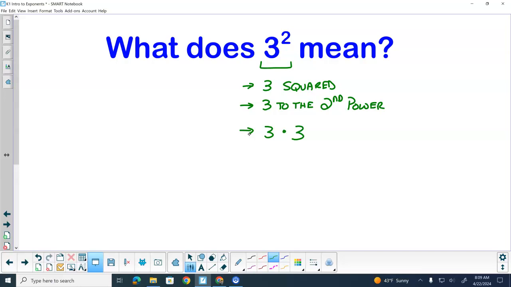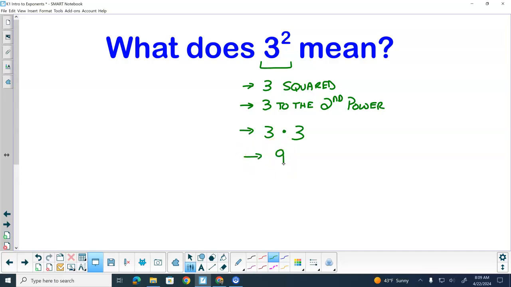What do you think 3 squared means? Something that's not up there. Okay, that's already up there. That's 3 times 3. Nine? Yeah, 9. Okay. Those are the 4 things that 3 squared can mean.